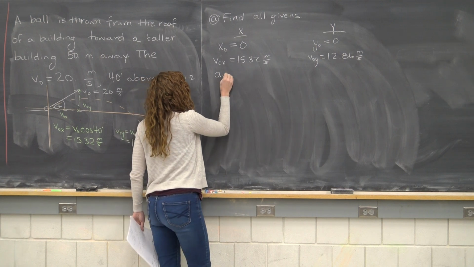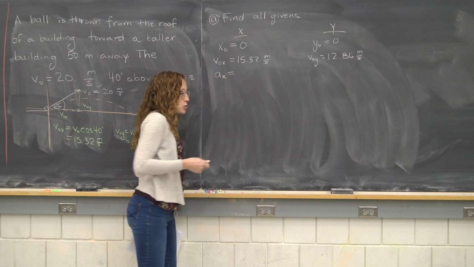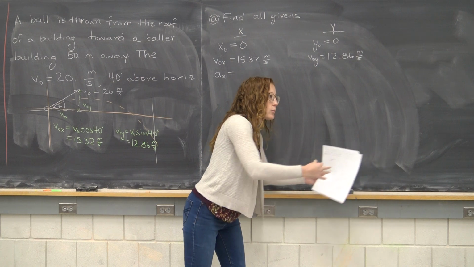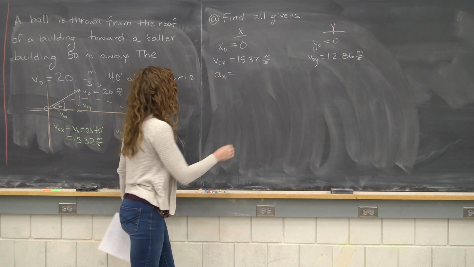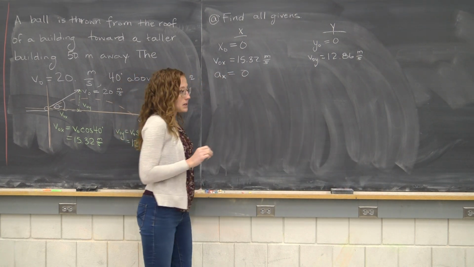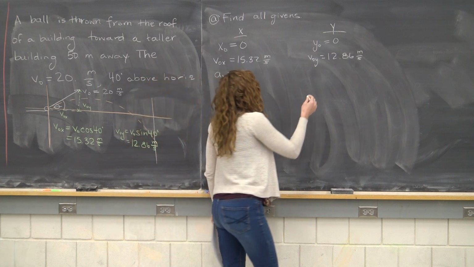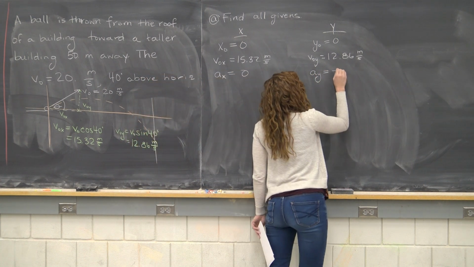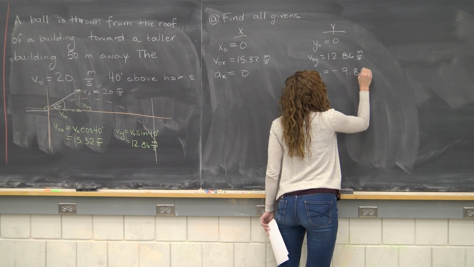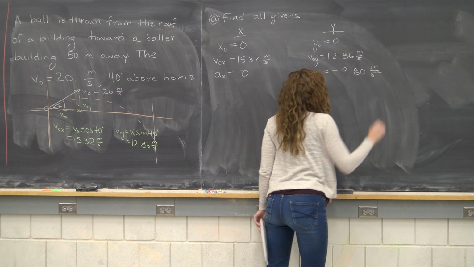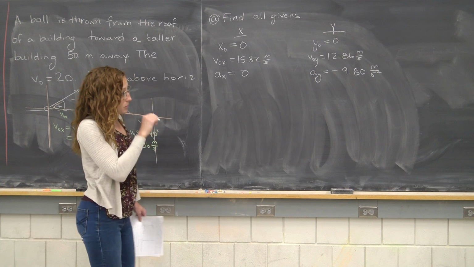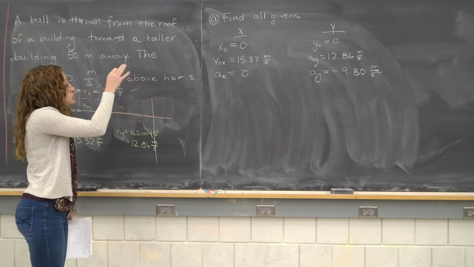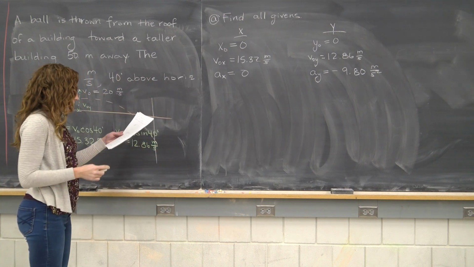Because there's no wind or anything to force our projectile forward or backward in the horizontal direction, our acceleration horizontally is 0. But always, when we're dealing with free fall, at least near the surface of the Earth, our a_y is going to be negative g, where g is some number. In this case, our number is negative 9.80 meters per second squared. Okay, perfect. So now we've written out all of our givens and we've kept everything separate here.